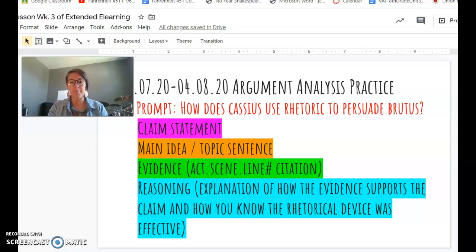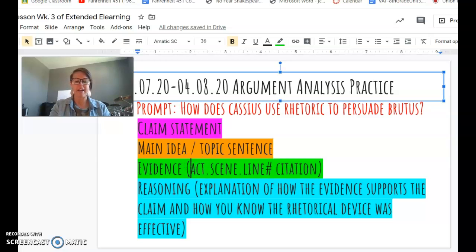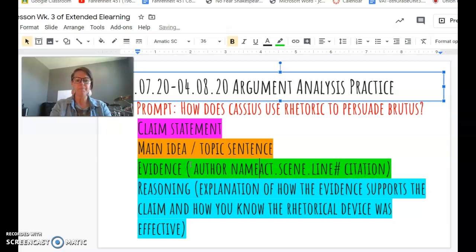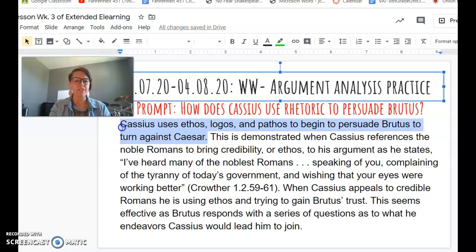The main idea or topic sentence, the evidence, which is quoted from the text and gives an in-text citation, which includes your author's last name, and then the act number, the scene number, and then the lines from the original text. And then lastly, your reasoning, which is the explanation of how the evidence supports the claim. So that's where we tell how it's being used and then how we know it's effective. So let's go back to our paragraph here and we'll highlight all of those elements.